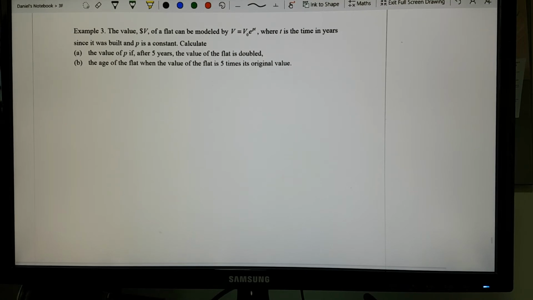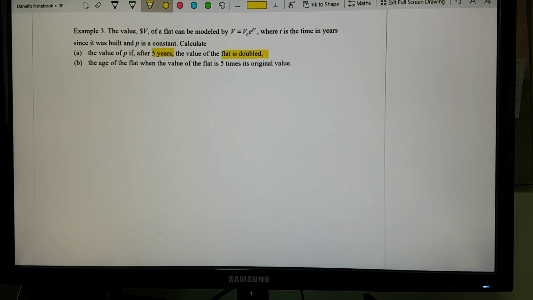Okay, let's move on. Last question already. The value V of a flat can be modeled by this. Okay, I believe it will be more straightforward right now. Calculate the value of P after 5 years, if after 5 years the value of the flat is doubled.